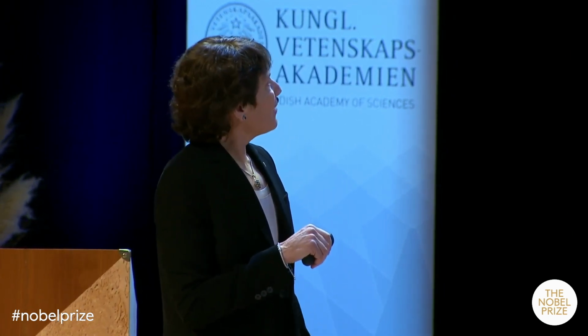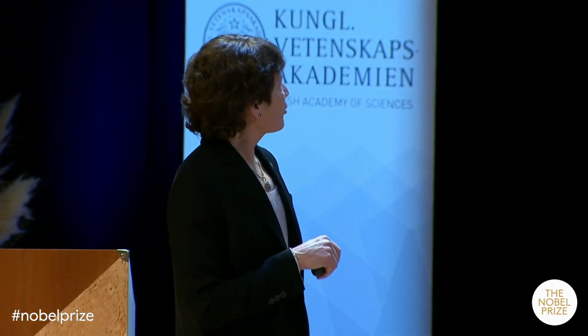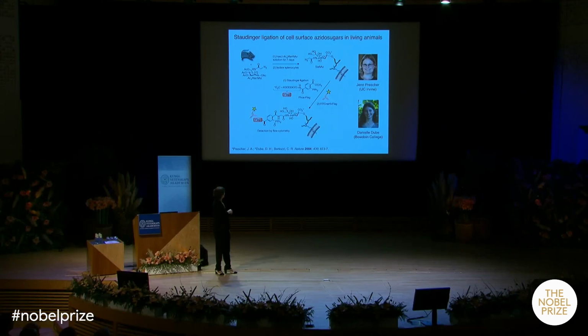And in the body of the animal, the phosphine would find the azide, undergo the reaction, and form this product, which we could then detect in a variety of ways, including with fluorescent tagged monoclonal antibodies. Another major achievement by these fearless students who were willing to turn the mouse into a reaction flask.